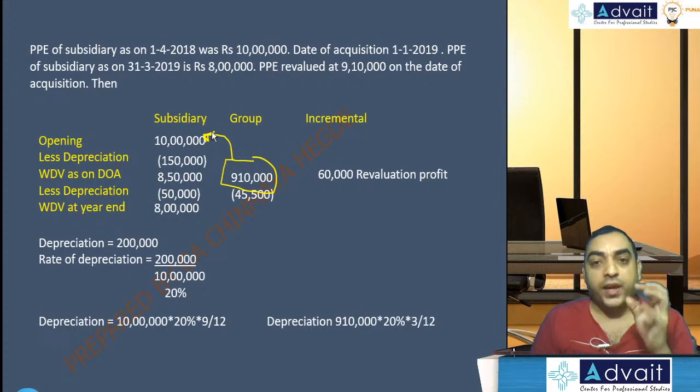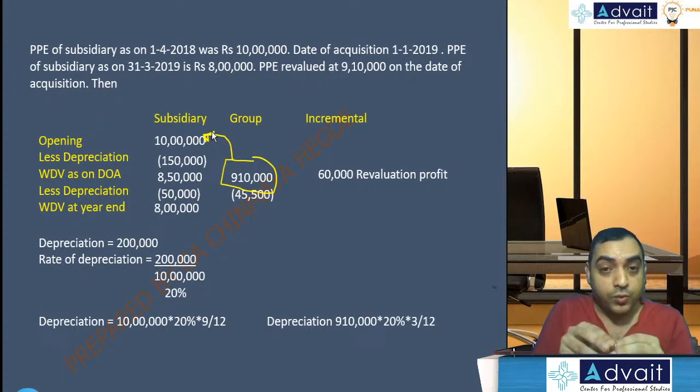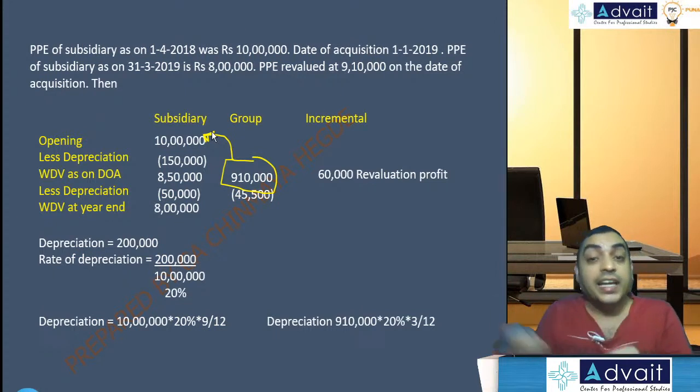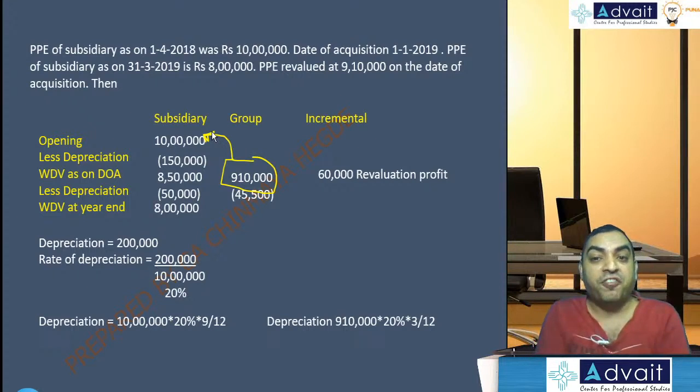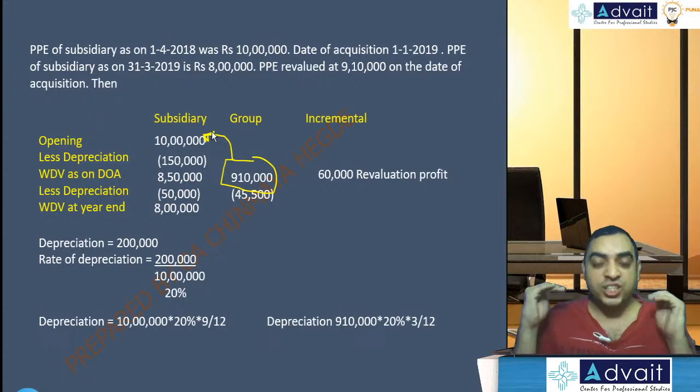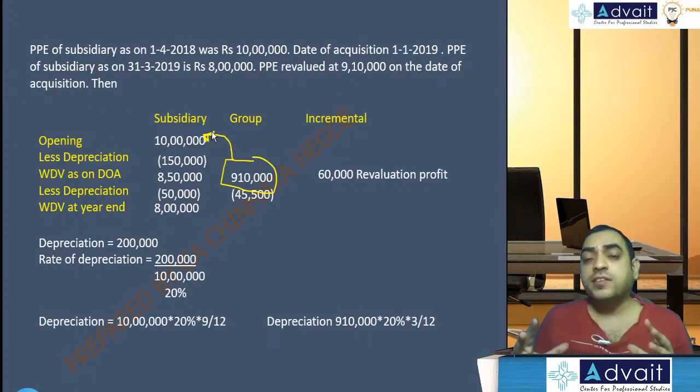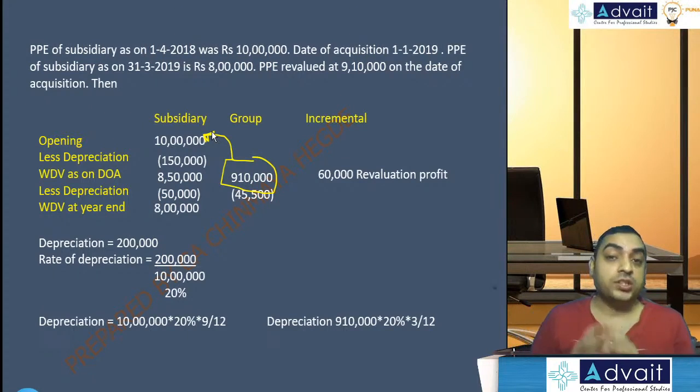I repeat, whenever the revalued amount is less than the opening book value, still there is a revaluation profit. In such case, this special scenario of revaluation profit and depreciation write back will arise. This is an exceptional situation. I have not seen it in any CA questions so far. Okay, I hope this point is clarified.